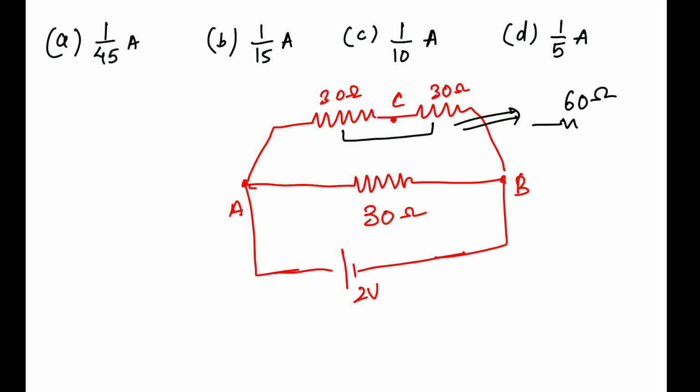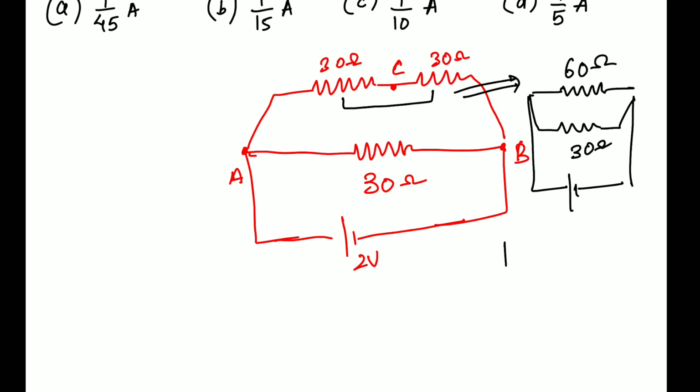and it is connected with a parallel resistance of 30 ohm, right? So I'll first find out the value of the equivalent resistance here. 1 upon 60 plus 1 upon 30 equals 1 upon R equivalent.